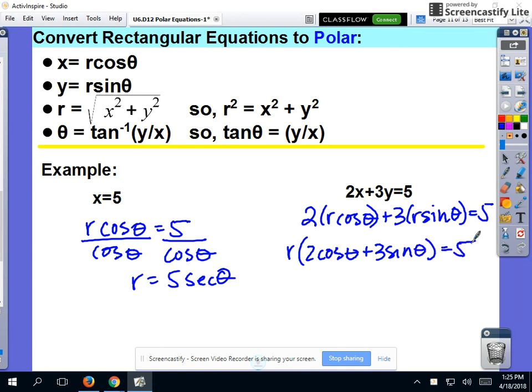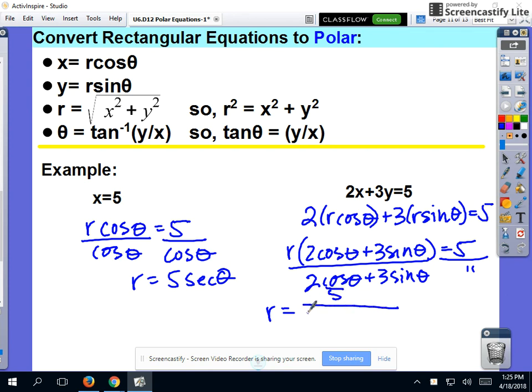And then on both sides, we're going to divide by 2 cosine theta plus 3 sine theta. I'm not going to be able to write it over here because I'm running out of space. But your final answer is r equals 5 over (2 cosine theta plus 3 sine theta). Here we are. Not too bad, right? Just a couple things to memorize.